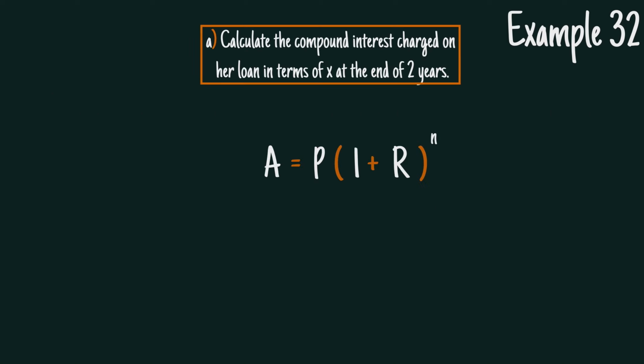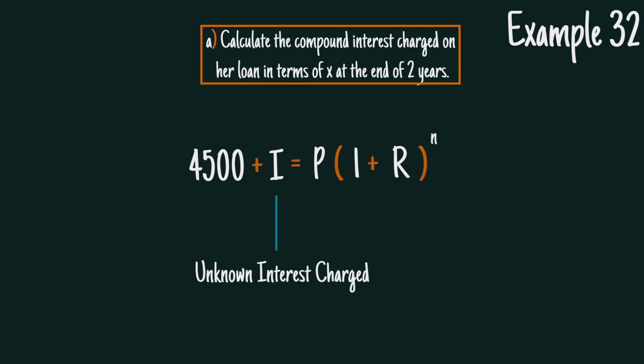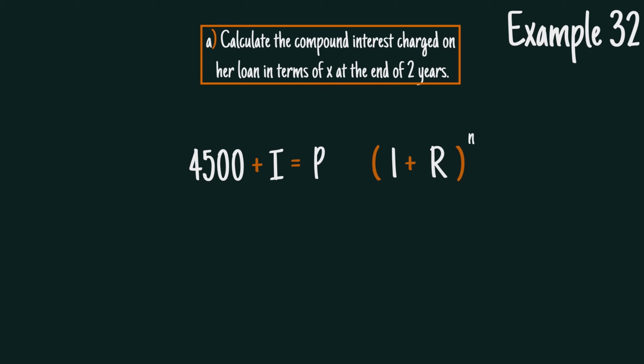For part A, using the compound interest formula, we can think of A to be $4,500 plus I, where I is the interest charged on her loan that we are to find. P is the principal sum of $4,500. R is x over 2%, which is x over 200, as the interest will be compounded 2 times a year.